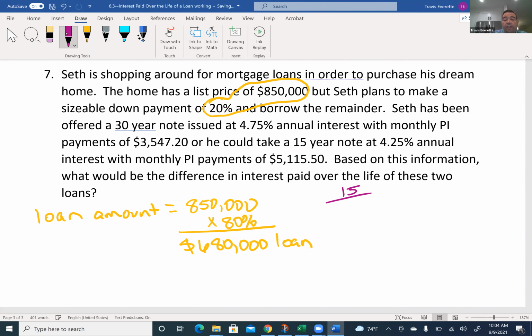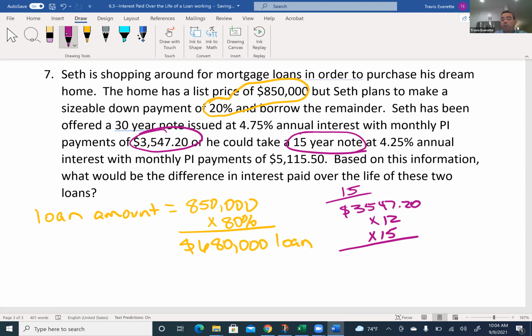So here's our 15-year. Here's what we know for the 15-year note, and the payments are $3,547.20. So $3,547.20 times 12 months a year times 15 years.